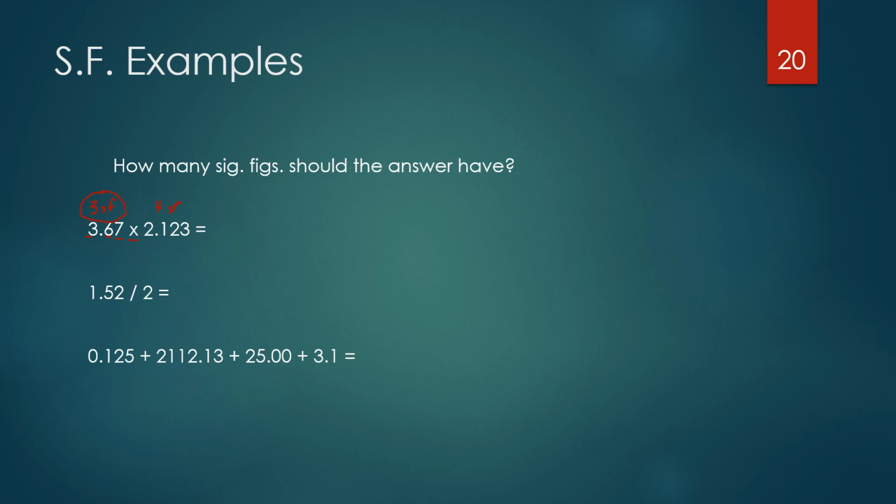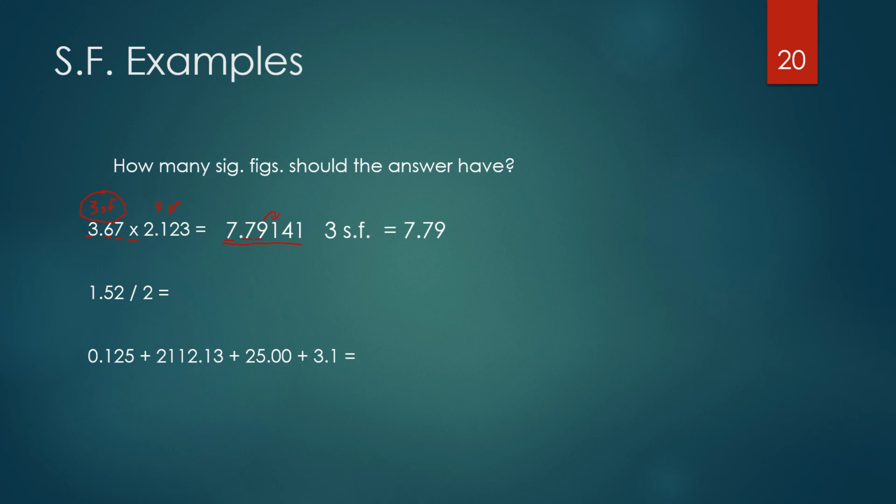When I multiply that out, I'm going to get a big long number. This is what's going to show up on my calculator. What I need to do is only keep 3 of those. So this is where rounding comes into play. I want to keep the 7 and the 9, because that's 1, 2, 3 significant figures. That's where I want to stop. But when you stop, always look at the number next to it.